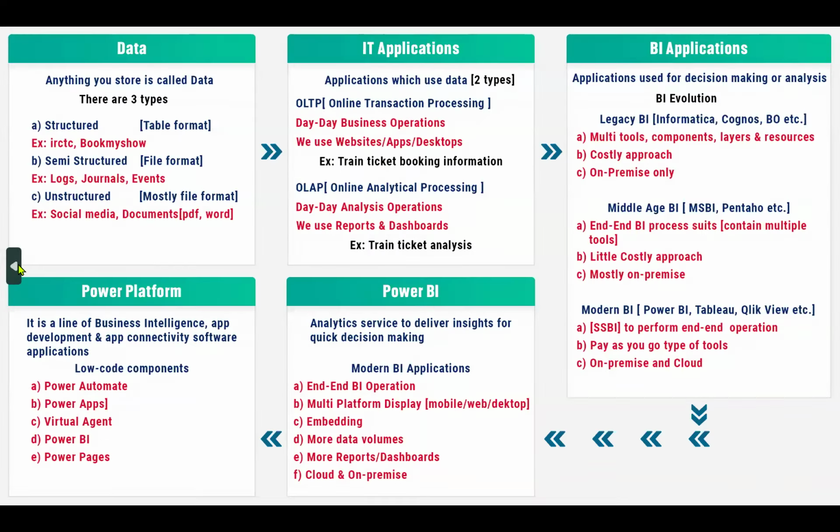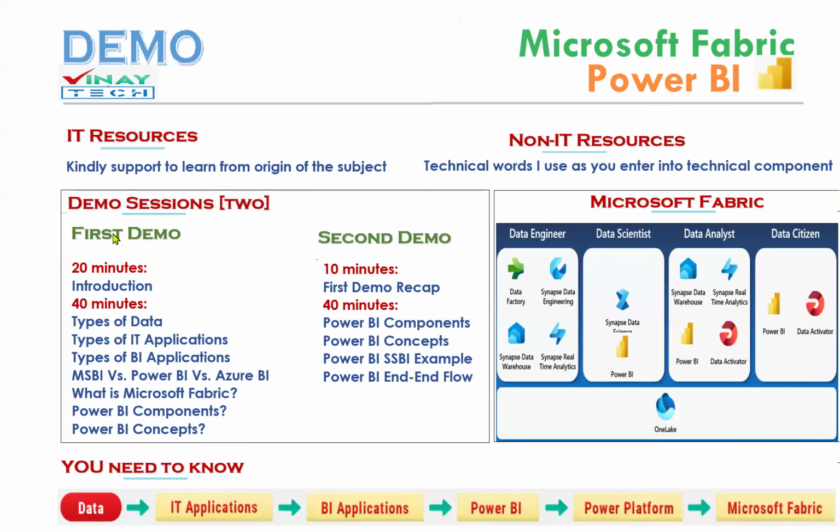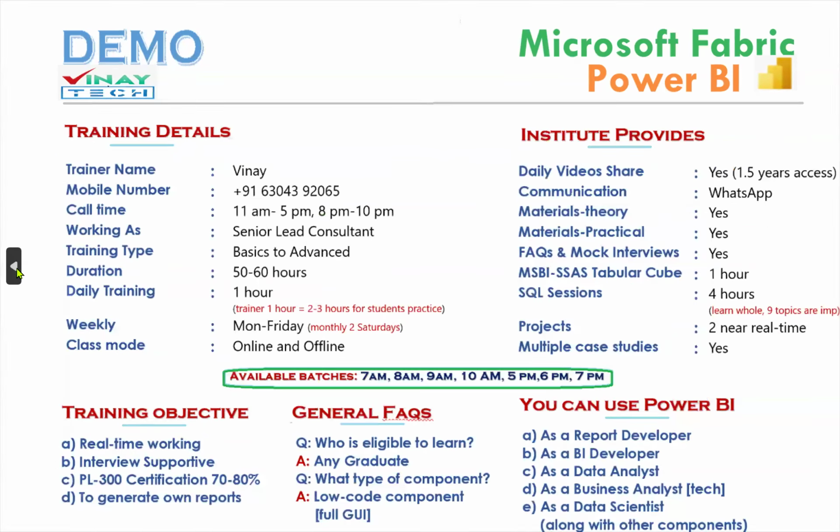My two demos' objectives: first demo, introduction plus data, IT, BA, all applications, what is Power BI, Microsoft Fabric, and the relationship between Fabric and Power BI. Today, Power BI components, concepts, and then one example also given. That was demos 1 and 2. And tomorrow onwards, regular classes. The regular class is at 7 o'clock in the morning from tomorrow.